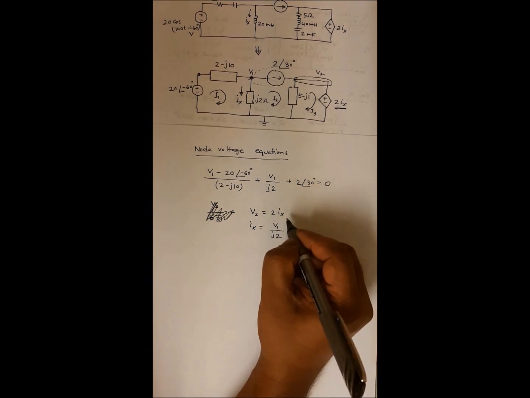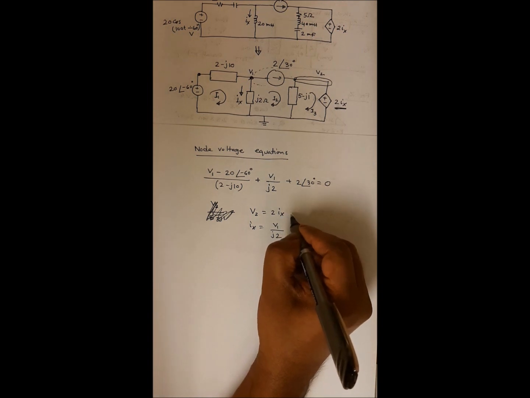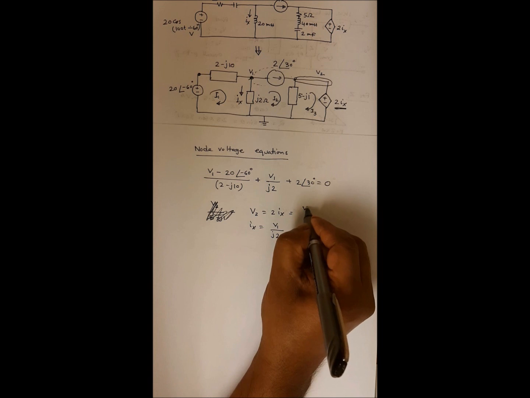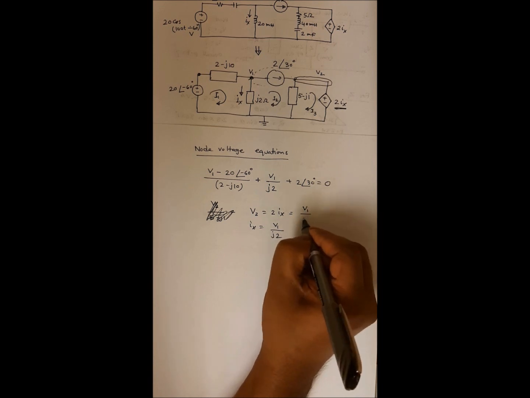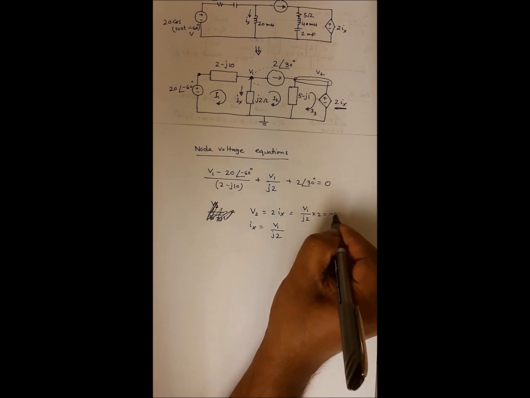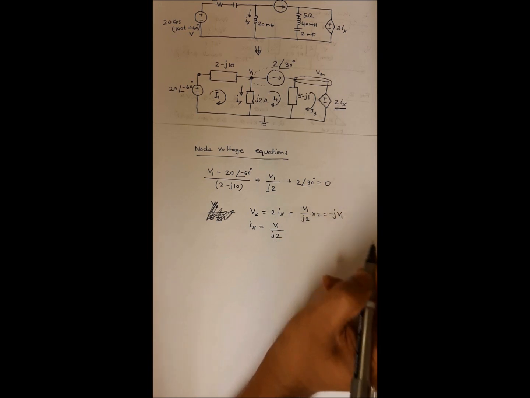So now you can write V2 equal to V1 over J2 times 2, so negative J V1.